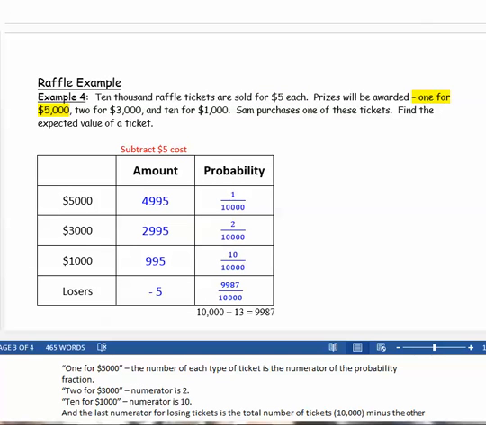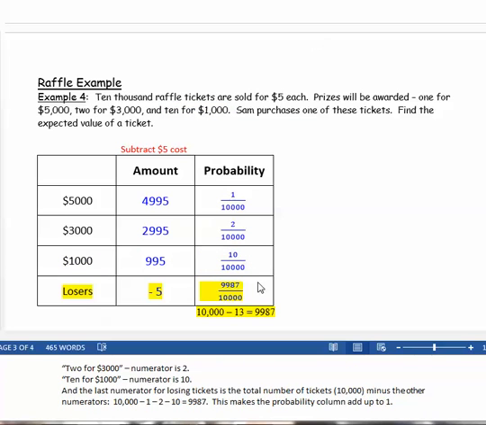The number of each type of ticket is the numerator of the probability fraction. 2 for $3,000, the numerator is 2. 10 for $1,000, numerator is 10. And the last numerator for losing tickets is the total number of tickets, 10,000, minus the other numerators. So 10,000 minus 1 minus 2 minus 10, which is 13, equals 9,987. This makes the probability column add up to 1.